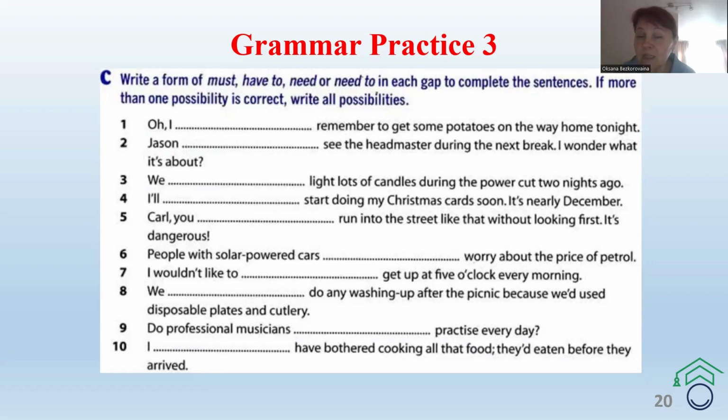Jason needs to see the headmaster. Yes, both variants are okay. Jason has to see the headmaster means that the headmaster asked Jason to come and see him. And Jason needs to see means it was Jason's desire, it was Jason's wish to see the headmaster. Both variants are okay.